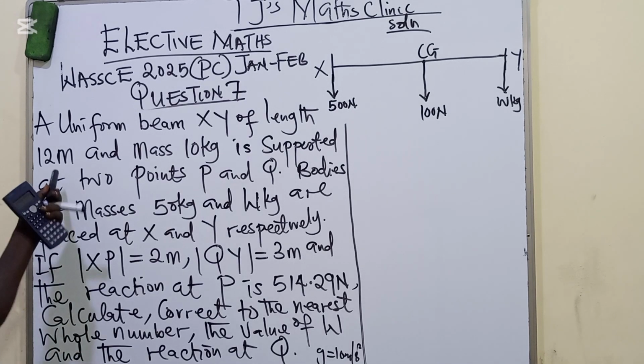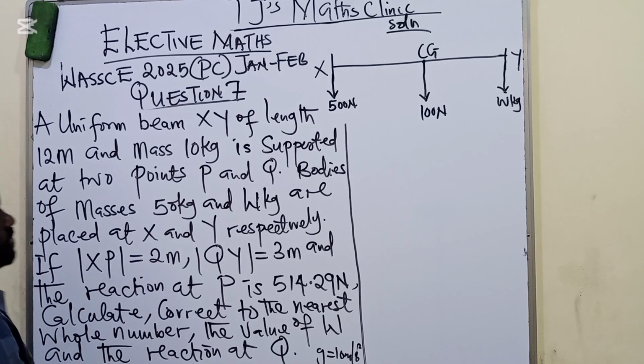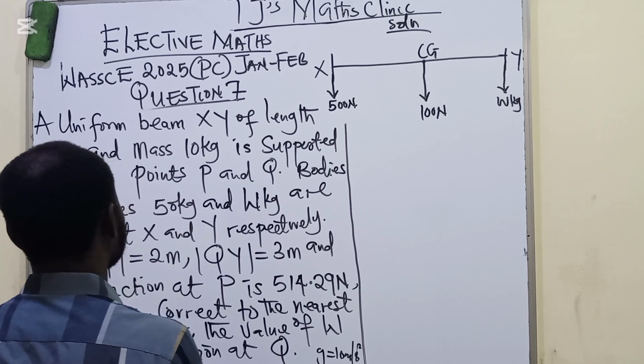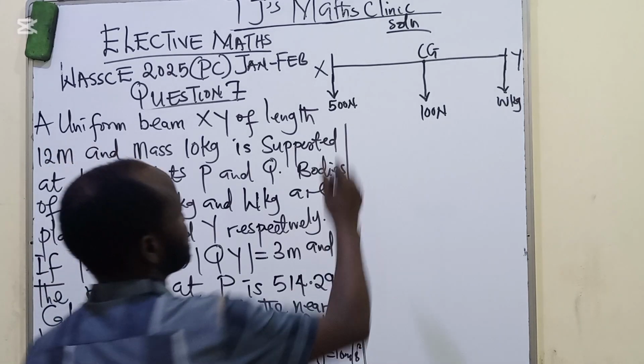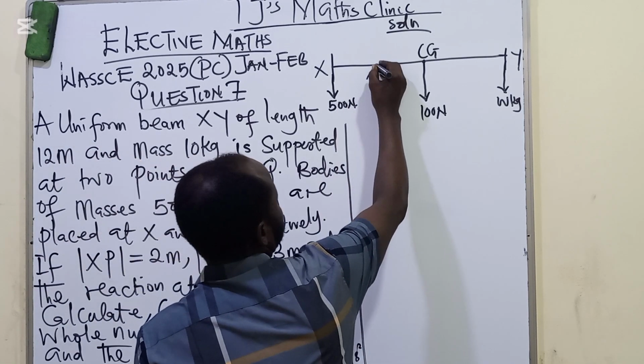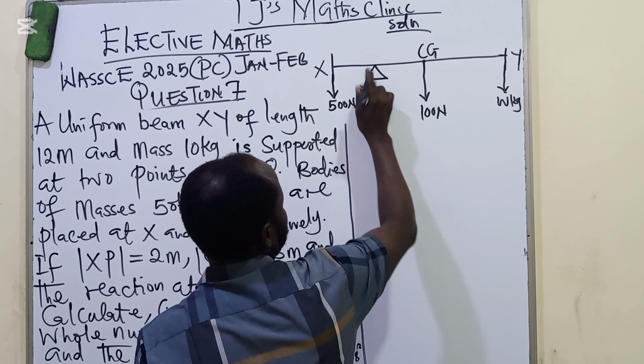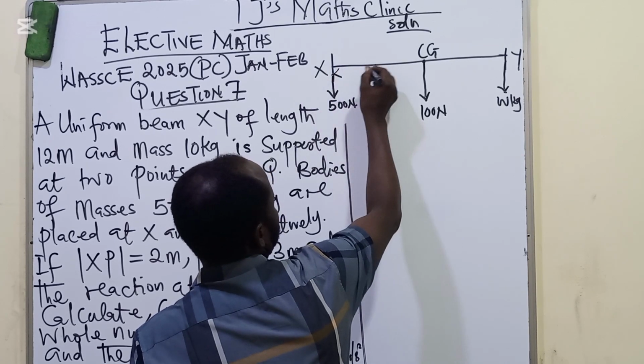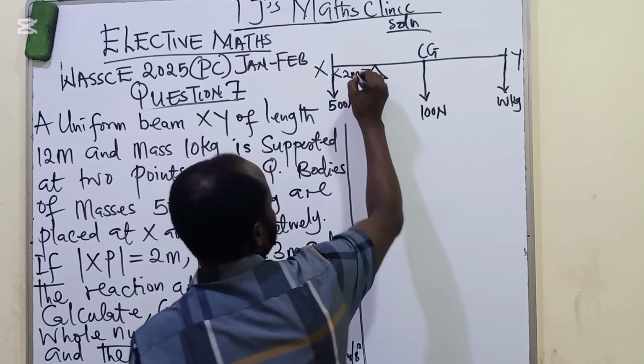The length of the meter rule is 12 meters, but we are told that XP is 2 meters. Suppose we have the support here, that's the pivot. From X to P is 2 meters.